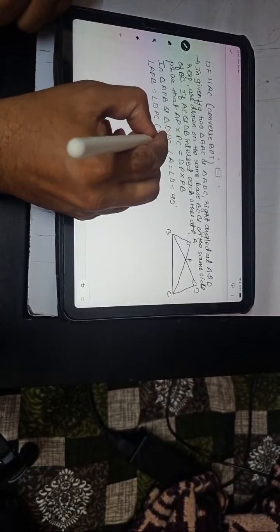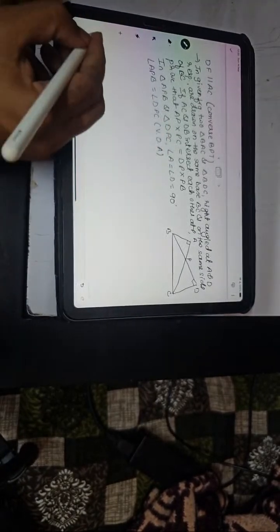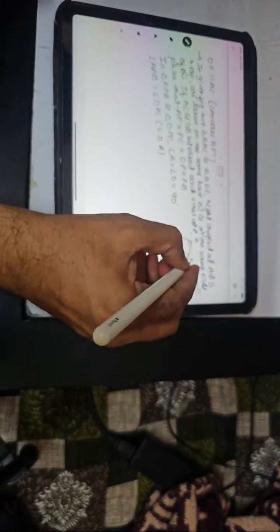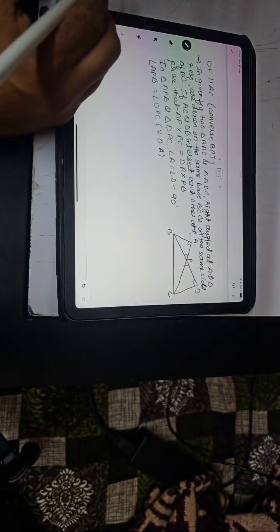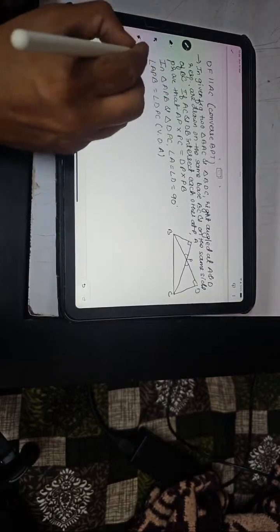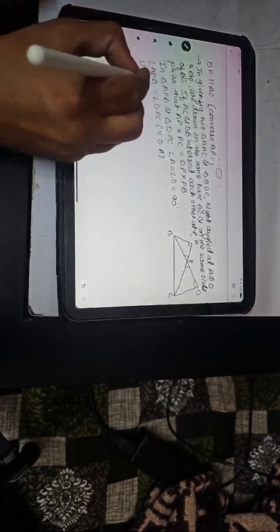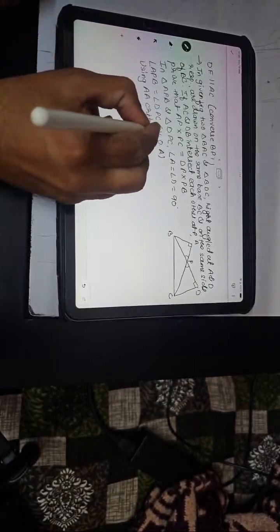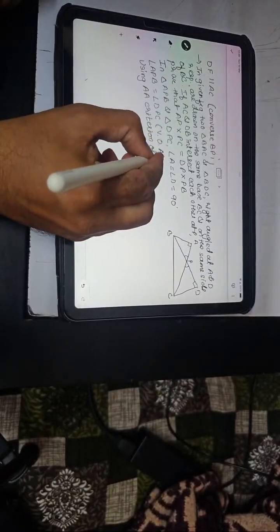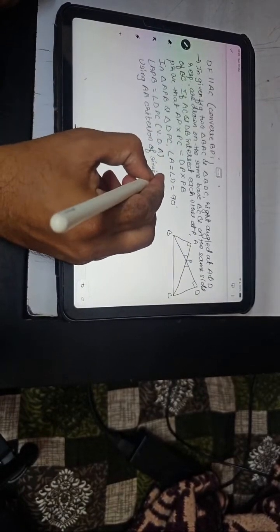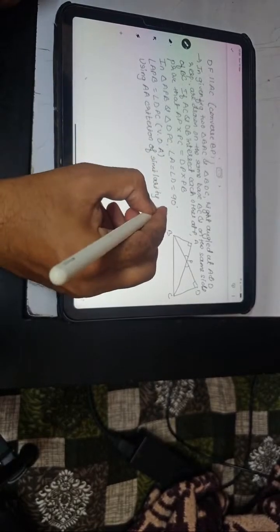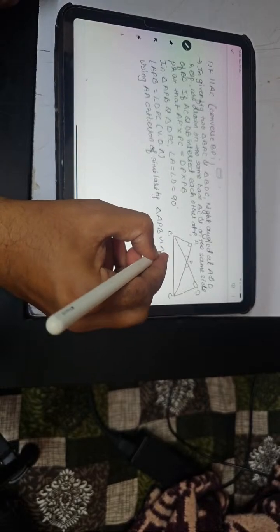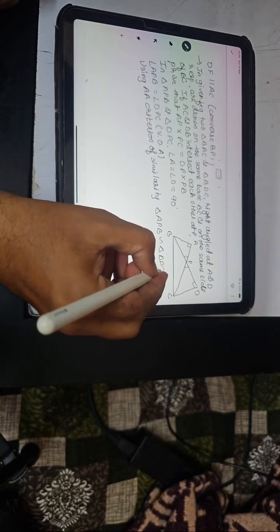See, VOA, vertically opposite angles, APB, this angle, and DPC, the marked angle. Using AA criterion of similarity, can I say triangle APB similar to triangle DPC?